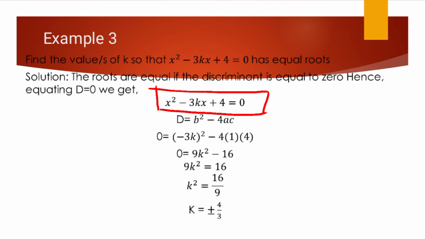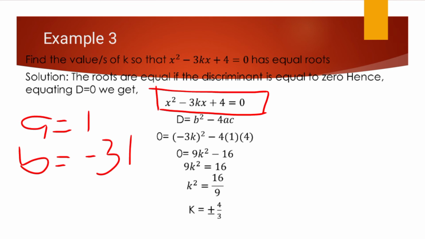So, A is 1, B is negative 3k, and C is positive 4.